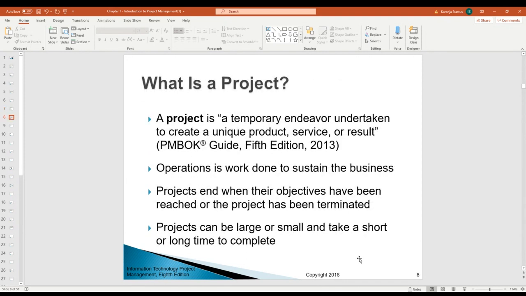Okay, so what is a project? A temporary endeavor undertaken to create a unique product, service, or result. This is the official definition from the PMBOK book. So PMBOK stands for what? Somebody?